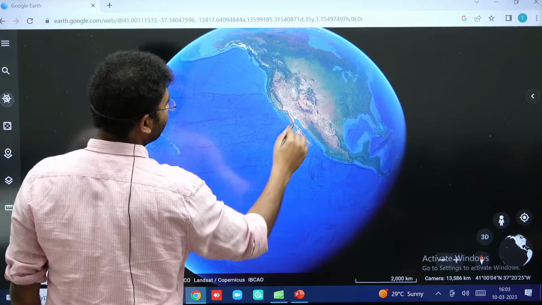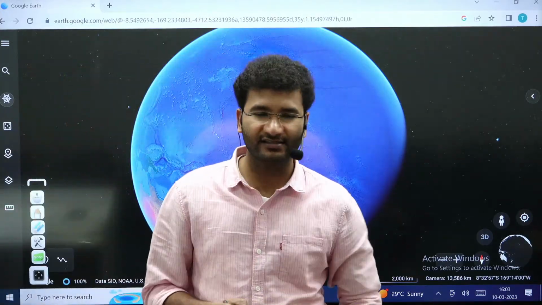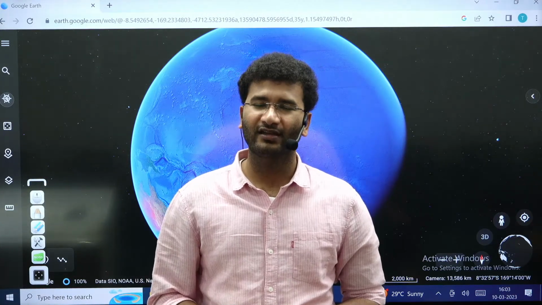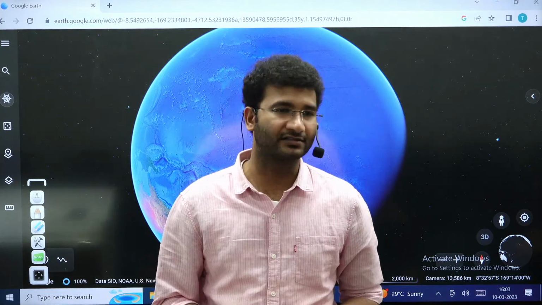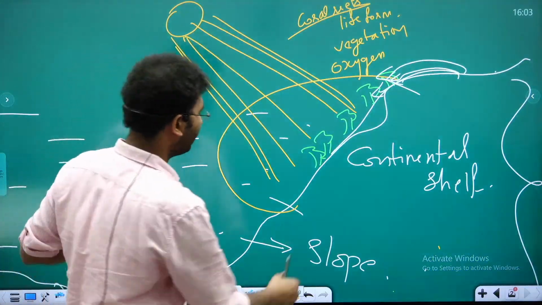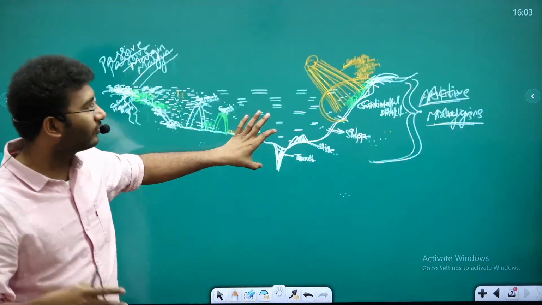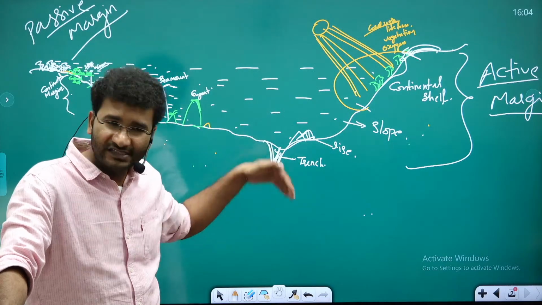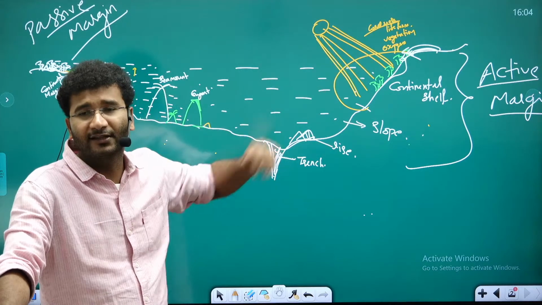The Pacific Ocean is one area where very less continental shelf is present, right? Why? Because the continental areas of the Pacific Ocean are active margins. Now what are these active margins? Active margins are those margins which are having either volcanic activity or trenching activity, or deep sea trenches are present, where volcanic activity can be seen.